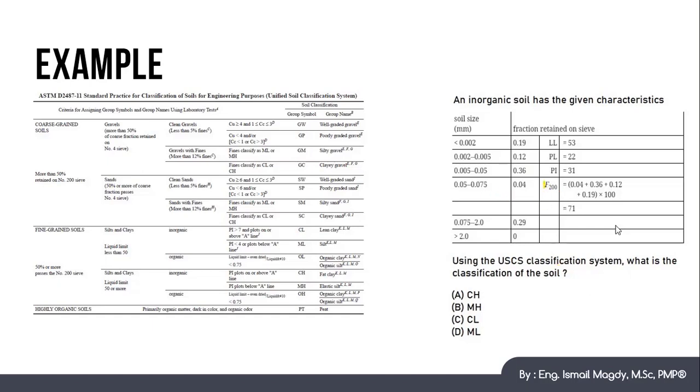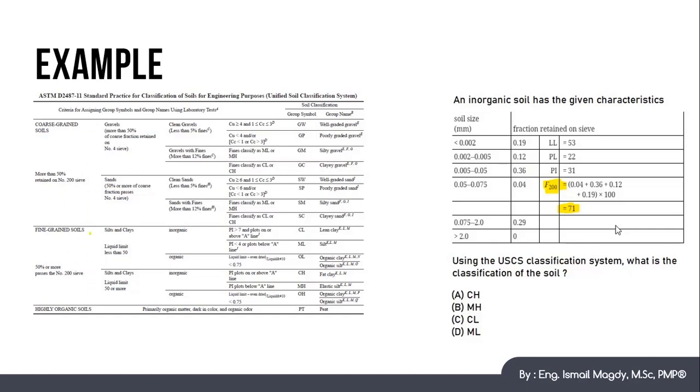So this is the first and very important data, that the retained soil at sieve number 200 is 29%, because 71% is finer than 200. This means that the retained is 29%. So if we go here, we know that all this part is 50% or more retained at 200.